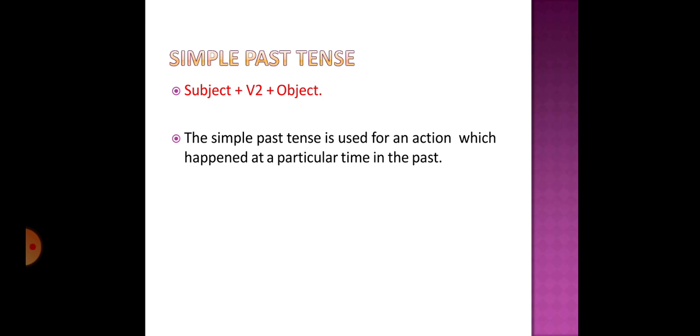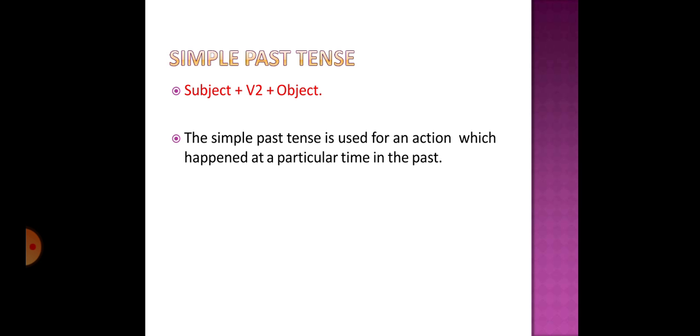So what is the sentence structure? Subject plus verb in the second form plus object. The simple past tense is used for an action which happened at a particular time in the past. It expresses an action that took place in the past.